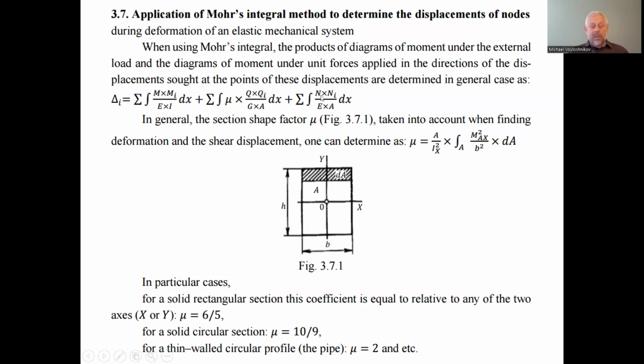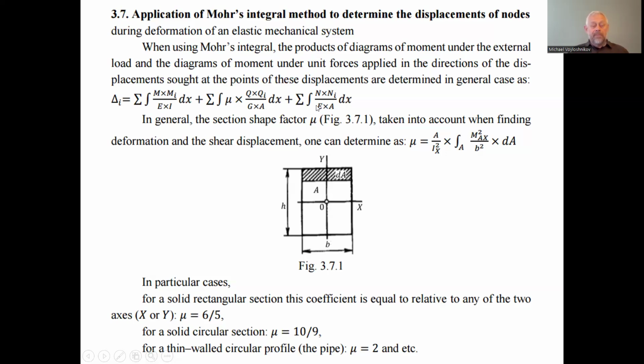In the denominator we have the product of the elasticity modulus E by the area of the transverse section of the rod. So we have three summands.